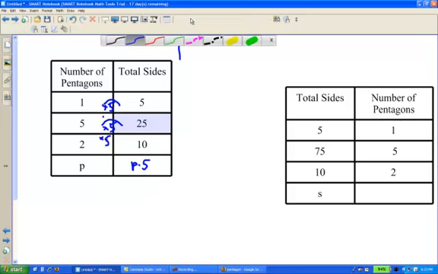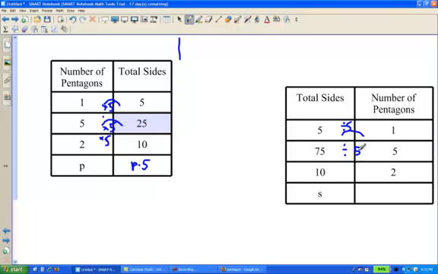So if I go up here, I'm just going to get my pen again. What's happening right here? We want to figure out the rule right here. Well, to get from 5 to 1, how do we do that? We divided by 5 this time. Rather than multiply, we divide by 5. So the variable is actually sides, whereas before, you see over here, the variable was the number of pentagons.